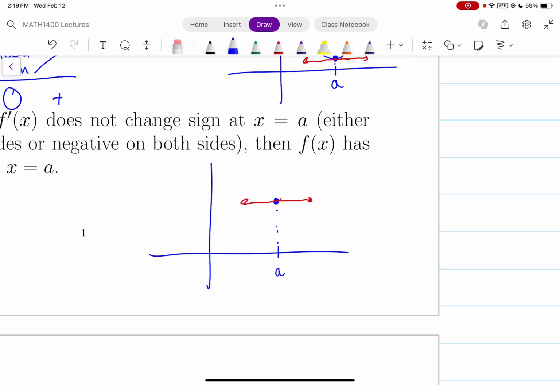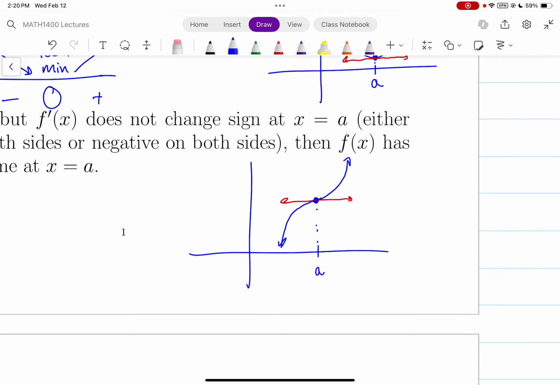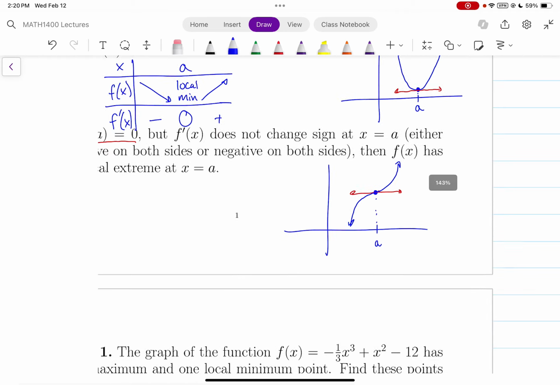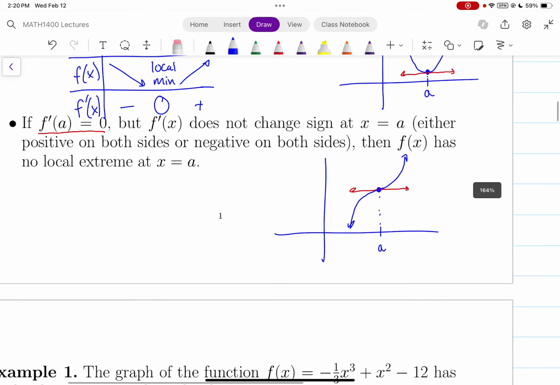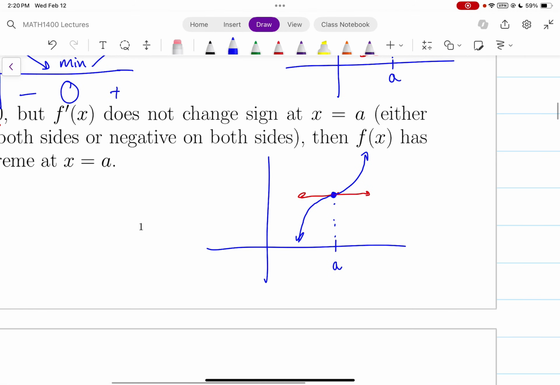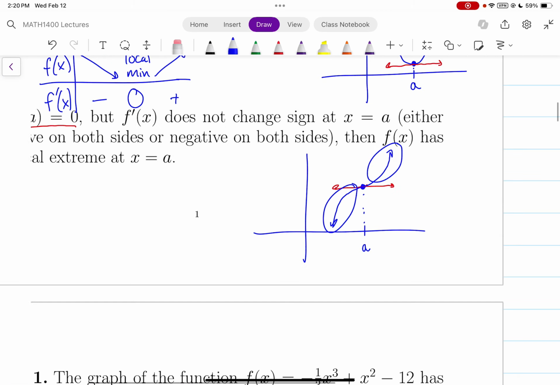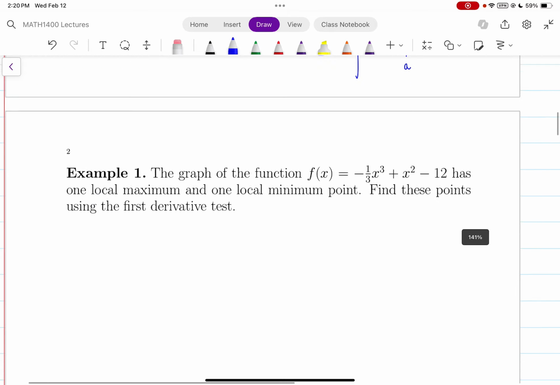The derivative is 0, but I have something like this where it's increasing, hits that point, but then just increases again. So obviously this is not a local max or a local min. And that's kind of what this is saying, that if you find that your derivative is positive over here and positive over here, then there's no local min or no local max.